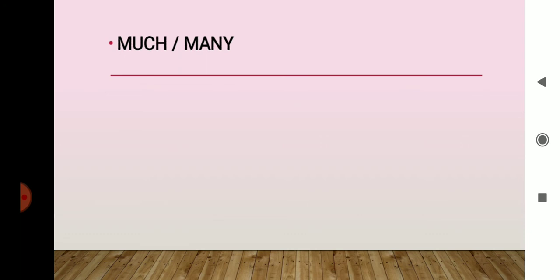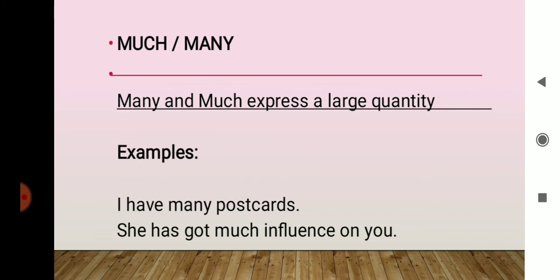Now let's see much and many. Students, many and much express a large quantity. For example, I have many postcards. She has got much influence on you. Students, remember it.